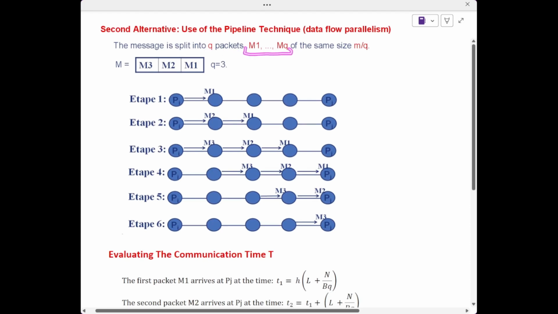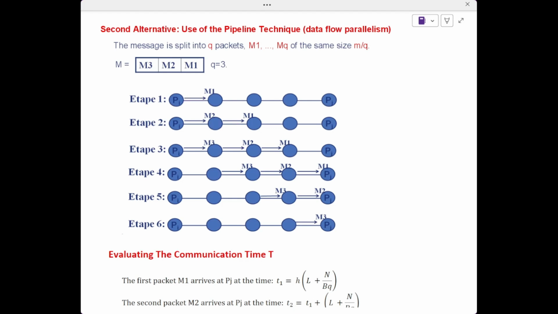M becomes M1, M2, M3 until MQ of the same size. Of course, we are simplifying as much as we can. We are also considering that the latency is the same from here to here and from here to here, etc. We are considering that there is no other overhead to count, and that the bandwidth is constant here, here, here, etc.